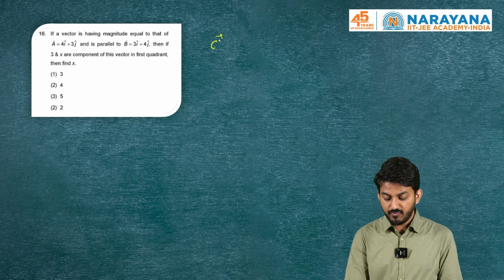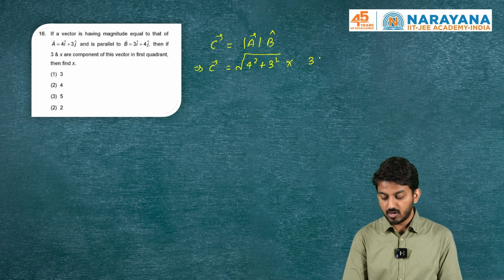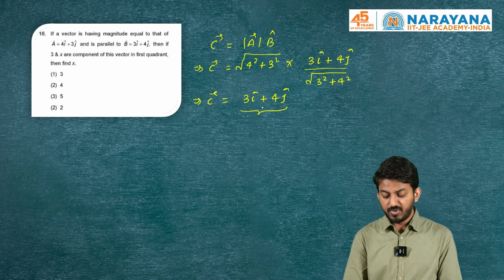So we have some C vector whose magnitude is equal to the magnitude of A and direction is parallel to B. So the magnitude of A comes out to be root of 4 square plus 3 square, and the unit vector is going to be 3 i cap plus 4 j cap divided by the magnitude of this vector, which is again root of 3 square plus 4 square. The C vector comes out to be 3 i cap plus 4 j cap only, which is the B vector itself.